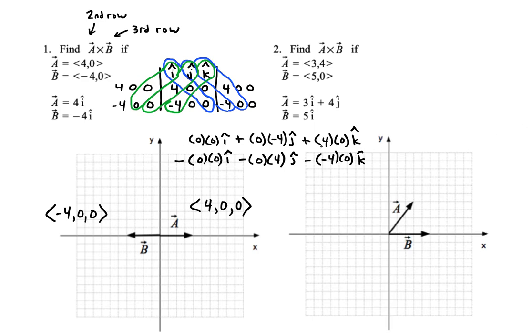Alright, you sum all that up. You can actually see that this one's going to be 0. Every product is 0. So the cross product is 0 for that one, and that's the answer.